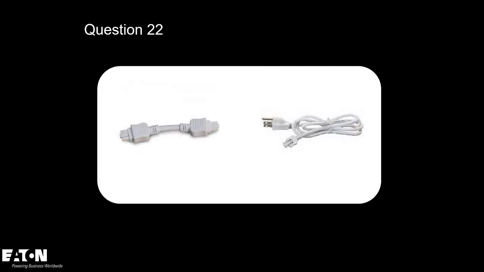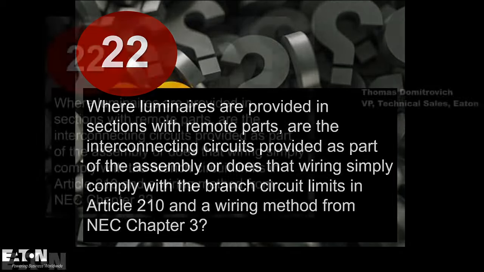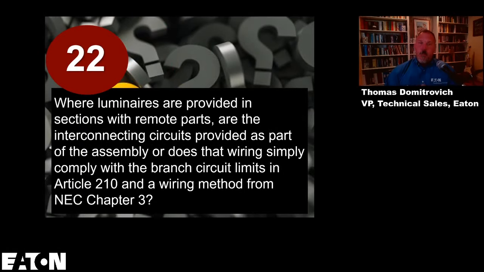So I would say, to answer this question, where luminaires are provided in sections with remote parts, it could be both, right? It could be that they are all listed together, or it could be that they are not listed together and you are daisy chaining lights by feeding them through, and the wiring in between each of those lights is governed by Chapter 2 and Chapter 3, wiring methods and protection in the National Electrical Code.